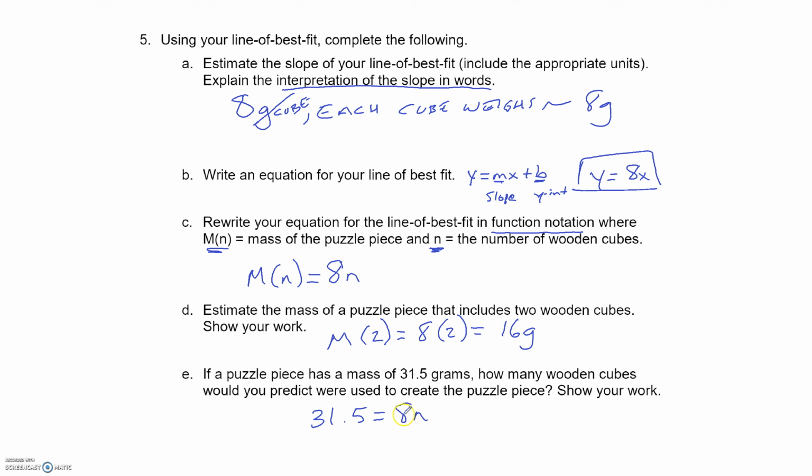All right, well, 8, 16, 24, 32. I think 4 is pretty close, so n should be roughly equal to 4. Okay, we're looking for the number of cubes used. It has to be a whole number, so we're not going to put any kind of decimals. And that would be my best guess.